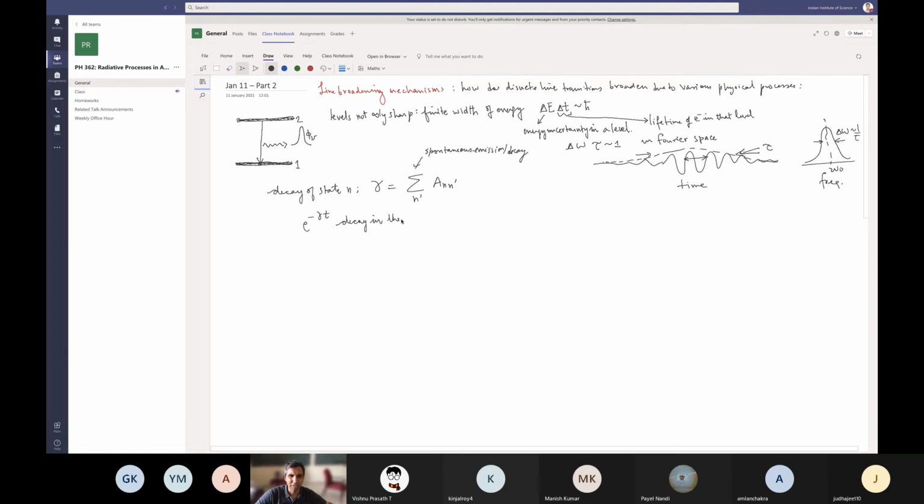If you recall, we did this harmonic oscillator model for an electron, where we considered a bound electron with some natural frequency and some radiation damping.